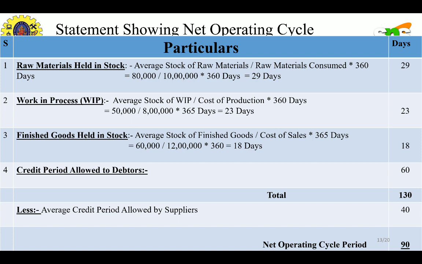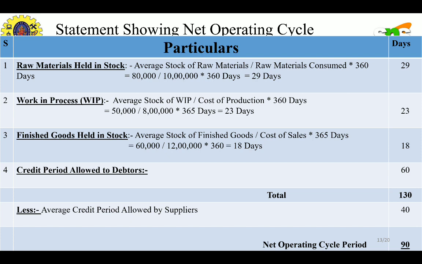The total days is 130. Then less the average credit allowed by the suppliers, given in your question, that is 40. If you subtract 40, finally you get 90 days. Net operating cycle period is 90 days.